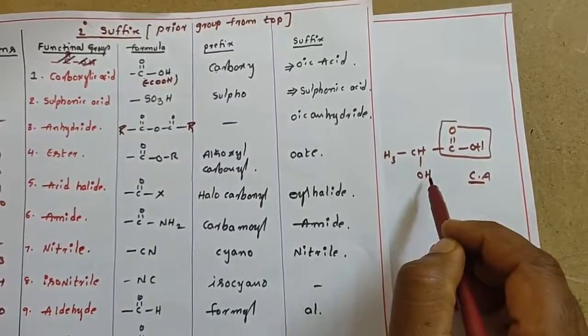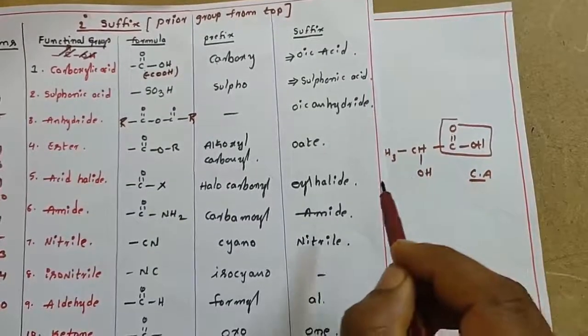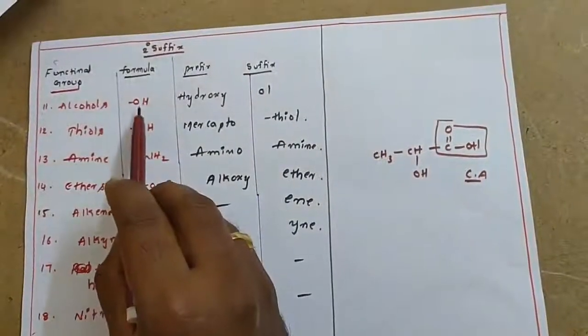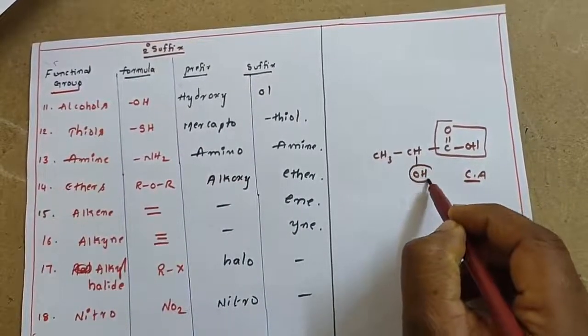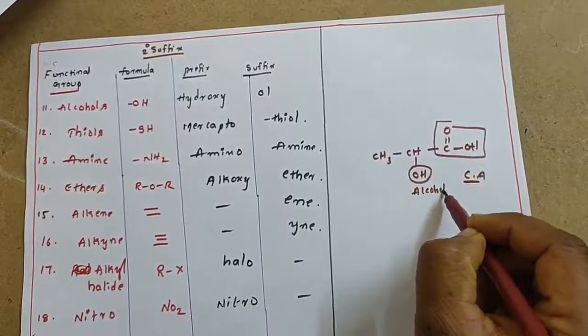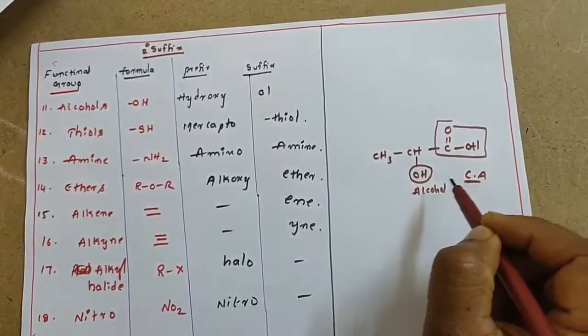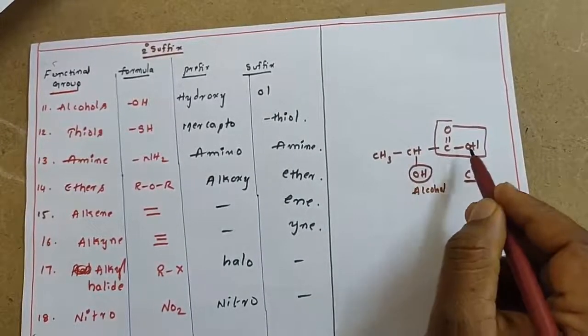And what is the other functional group present here? OH. What is the OH functional group? The OH functional group is called alcohol. So there are two functional groups present in this organic compound: this is the alcohol and this is a carboxylic acid. When do we use prefixes and when do we use suffixes?